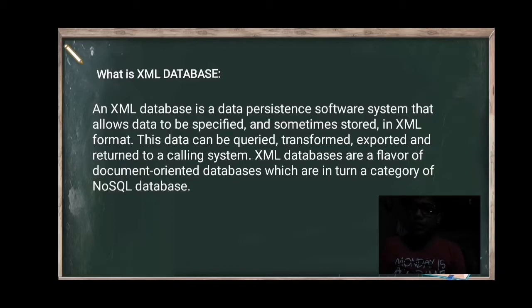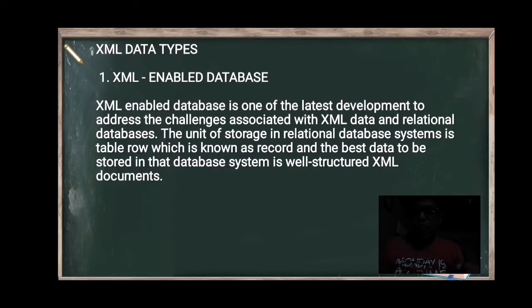So there are two types of XML database. The first is XML enabled database. So what is XML enabled database? It is one of the latest developments to address the challenges associated with XML data and relational databases.